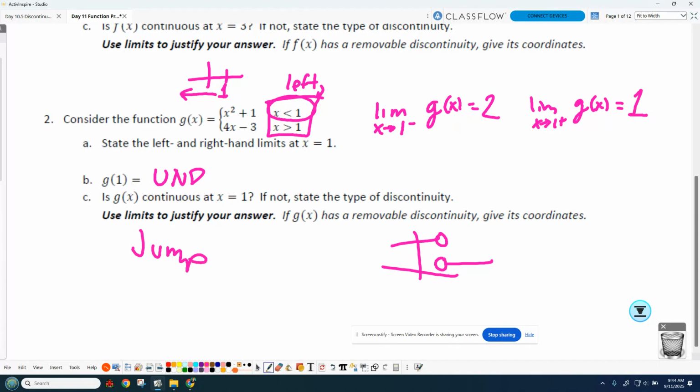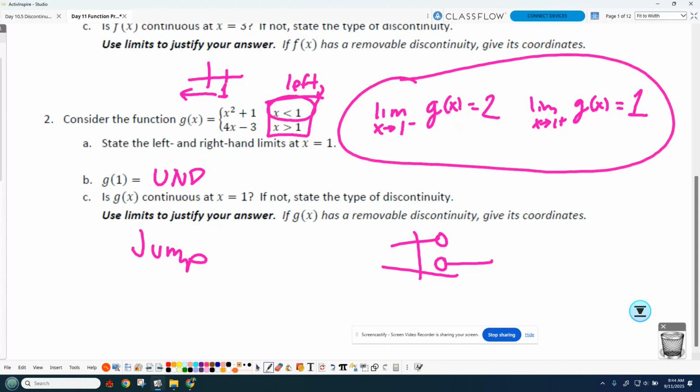This is a jump discontinuity, and why? Here is your justification. The height from one side is not the height from the other side. There is no little bridge that you could build to go over that gap. Make sense?